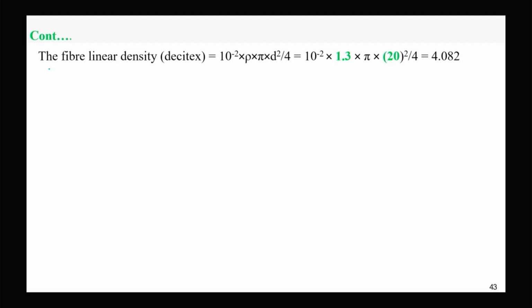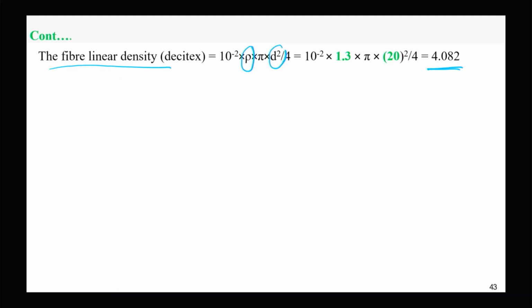Now fiber linear density we can calculate if we know the fiber diameter and the density. From the earlier formula we can calculate the fiber linear density of wool in decitex.